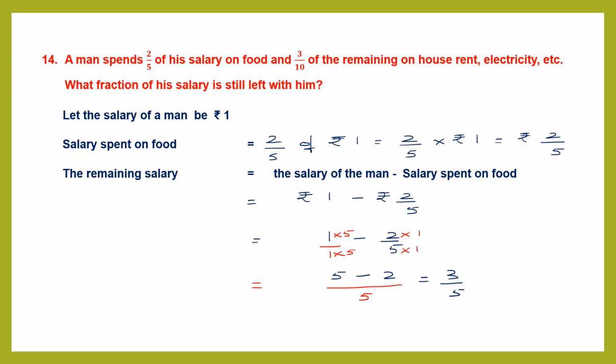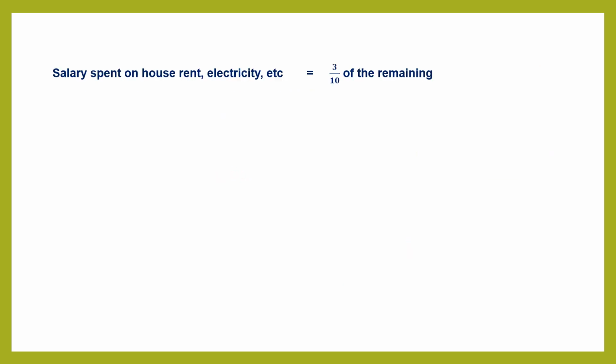Now we have to read the rest of the question. What fraction of his salary is still left with him? So let's continue. So first let's find the salary spent on house rent, electricity, etc., which is 3/10 of the remaining. So this will be 3/10 of the remaining means of 3/5. We just found the remaining salary, that is 3/5.